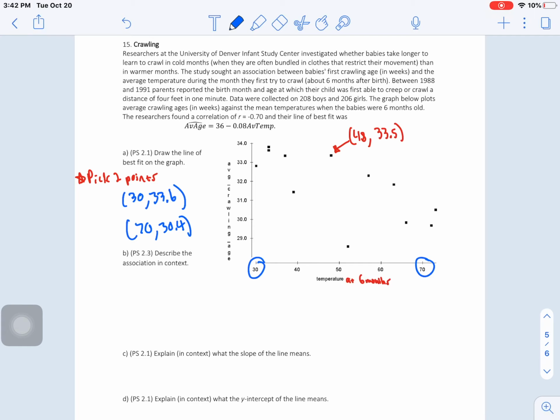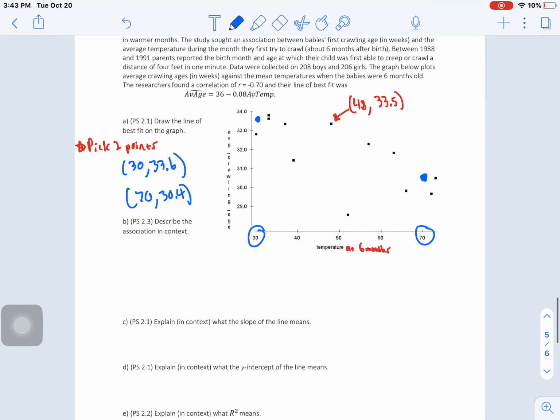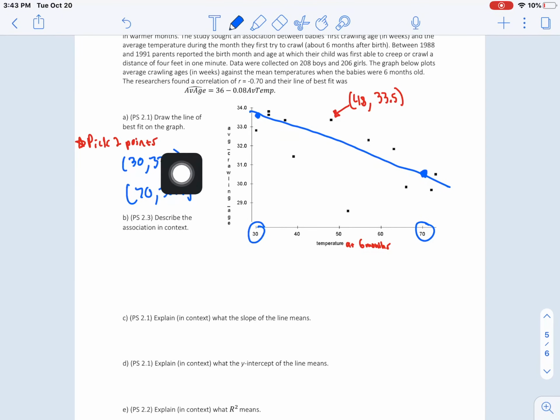So then I could just graph these, and I know it's not going to be perfect, but it gives us at least an idea. 33.6 would be like right there. 70 would be 30.4, maybe like right there. And then I can just connect these 2 dots, and here is my line of best fit. So pick 2 points, plug them in, and then this is your regression model.